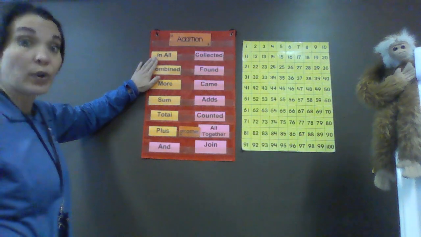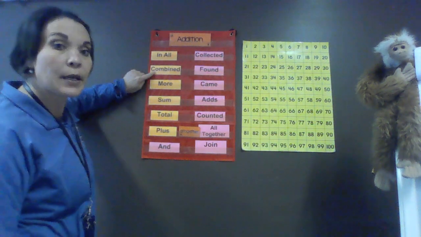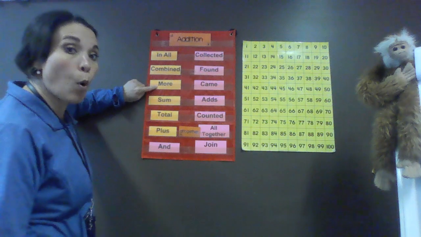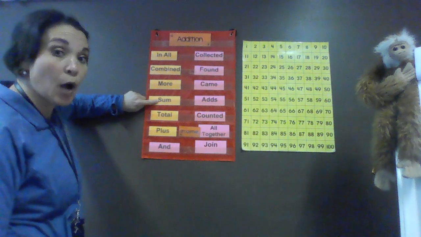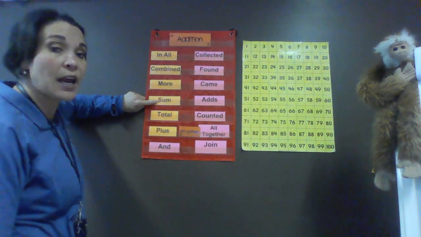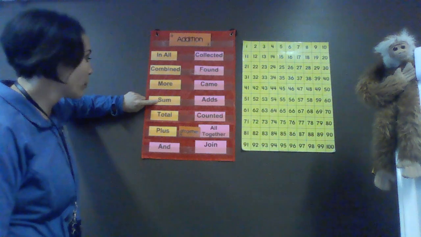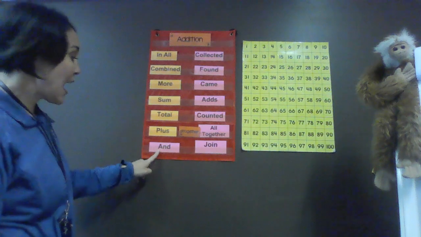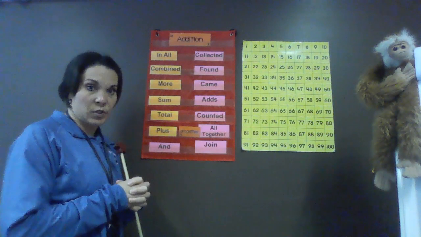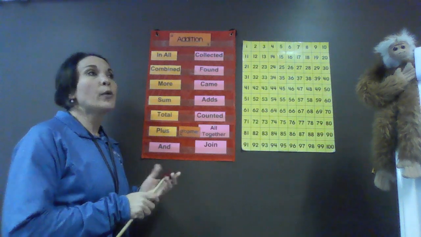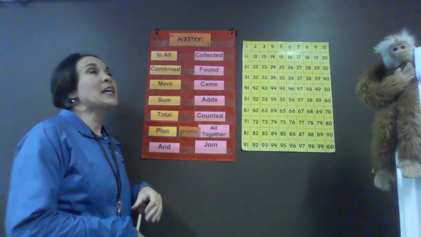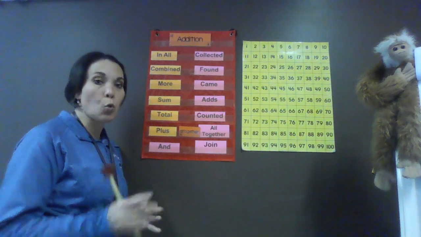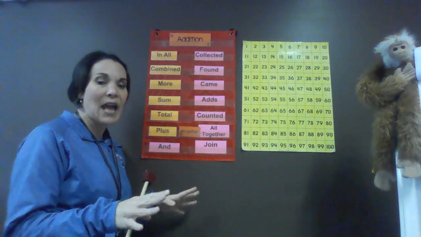All right, I'm going to start again with in all, combined, more, sum, which you know sums are the answer to an addition problem, total, plus, and. Now it depends on how and is used, okay? So it's not like Jill and Jack went to the store. Not like that.